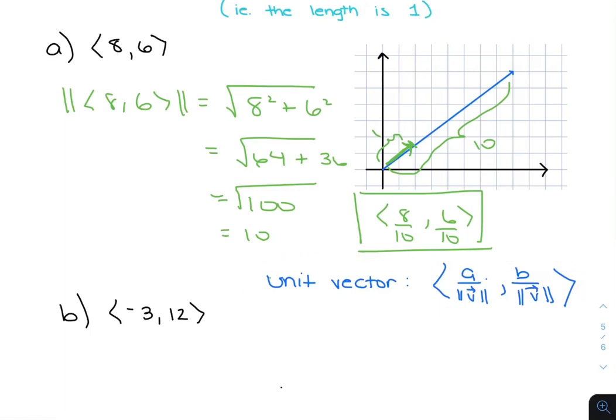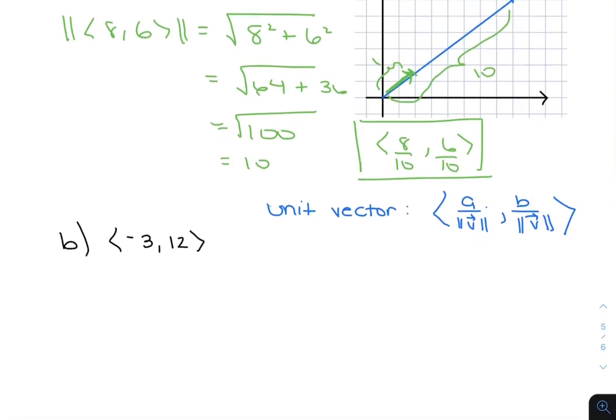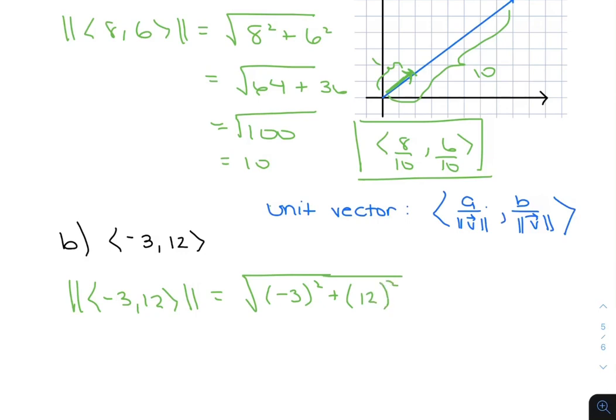So let's try another one. If we have the vector -3, 12, let's find the magnitude of this vector. The magnitude is equal to the square root of -3 squared plus 12 squared. -3 squared is 9, and 12 squared is 144.